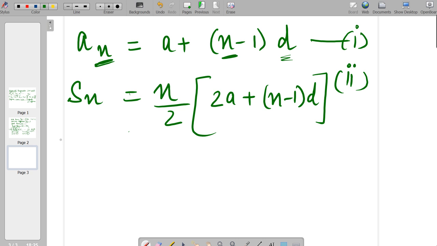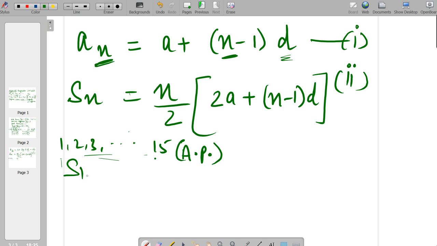Suppose you have a series 1, 2, 3, 4 dotted up to 15. It is tested that it is from your AP only. So now they are asking you to find the addition of all the terms placed in this series. So what will be Sn? It will be S15. And what will be n here?